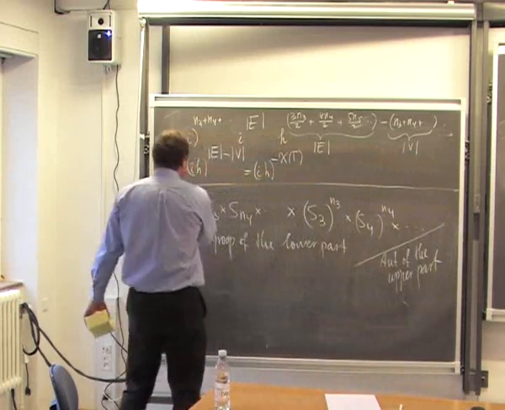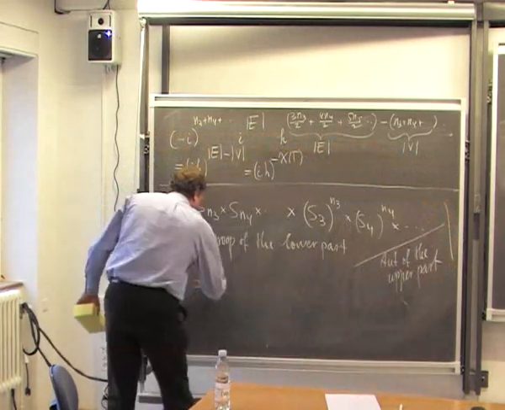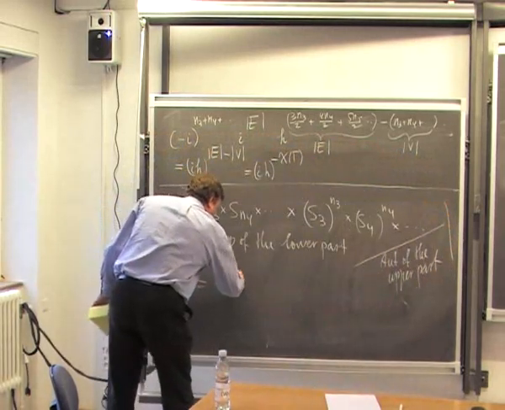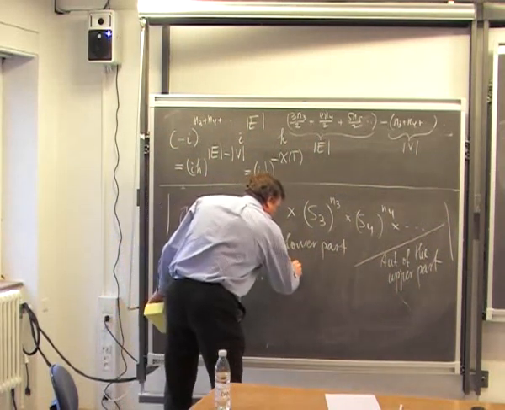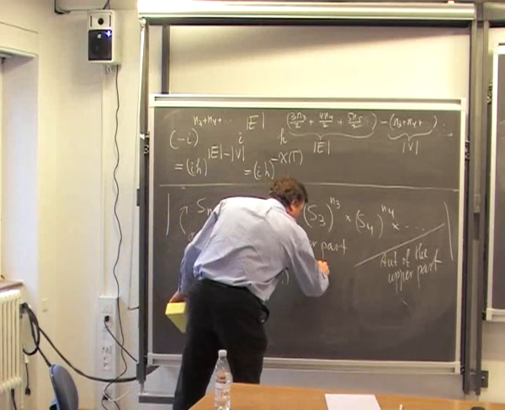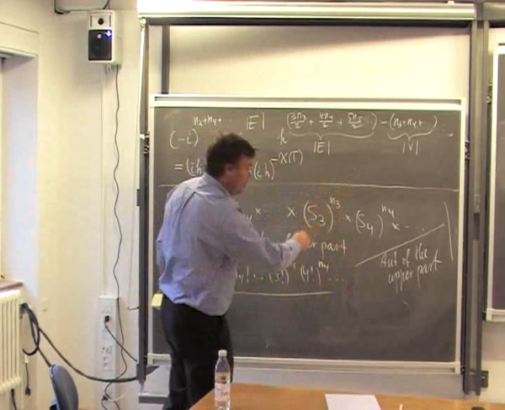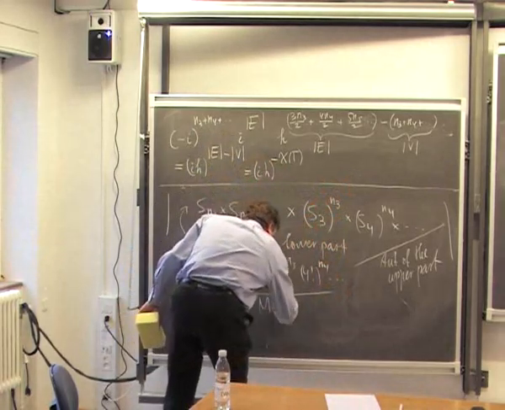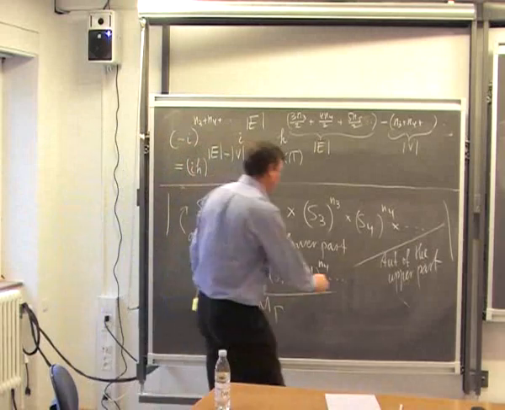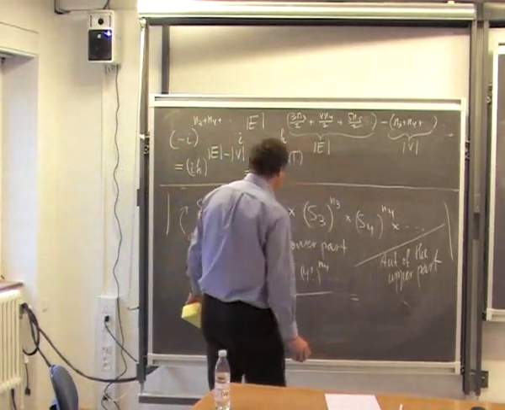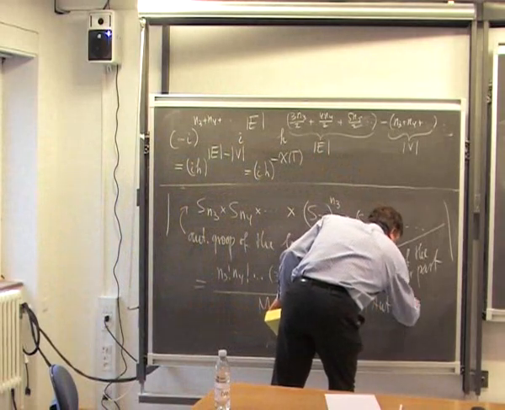And if you think about the size of this group, that's exactly n3 factorial, n4 factorial, and so on, 3 factorial to the n3, 4 factorial to the n4, divided by that number that's in the numerator, M gamma. And so the size of this group, that's what we call the number of automorphisms of gamma.